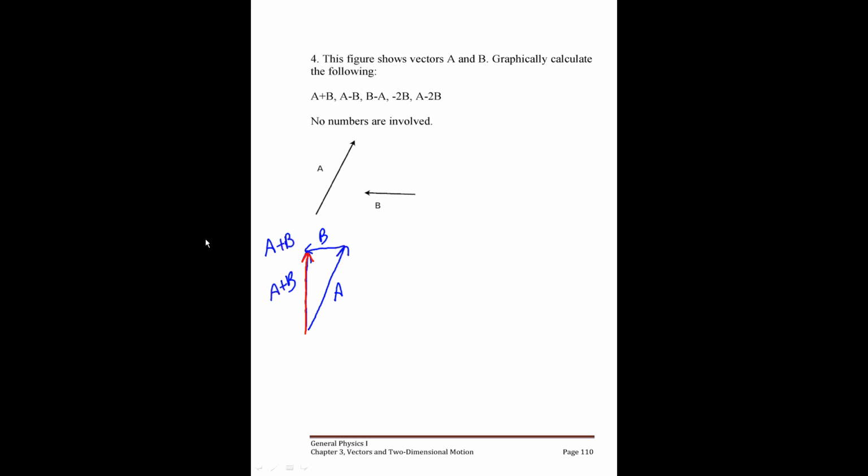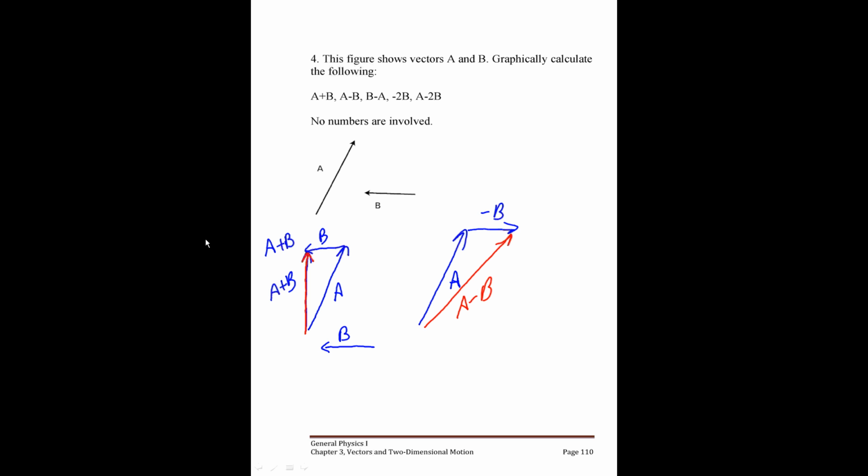All right, A minus B. I do my vector A. And then minus B is just the opposite of B. So this is minus B. And so A minus B looks like this. B minus A. Similar.